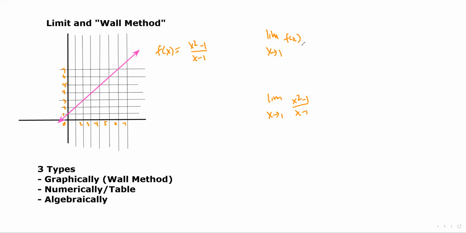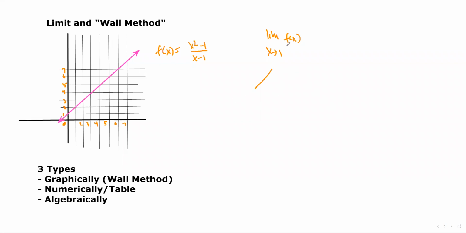So what is this saying? It's asking us, what is the value? What is the limit going to as x approaches 1? Now, we have to be careful because this is talking about two particular things. What do I mean by that?